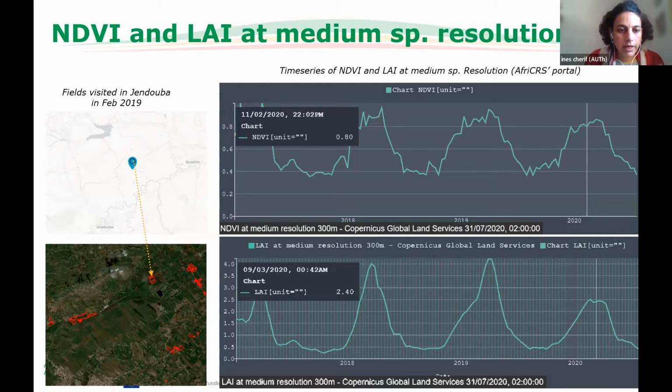Here it's one field visited during the field survey in Jedduba by our partner, the OSS, and other colleagues in February 2019. So we can display and visualize the variation over time of some of these indices for a specific location. During the demo of the platform later on, you will see more functionalities like this one.